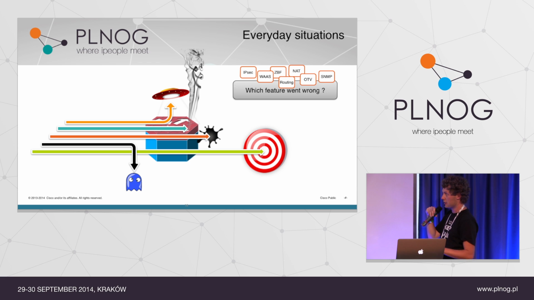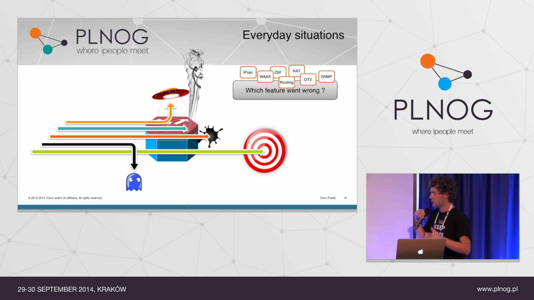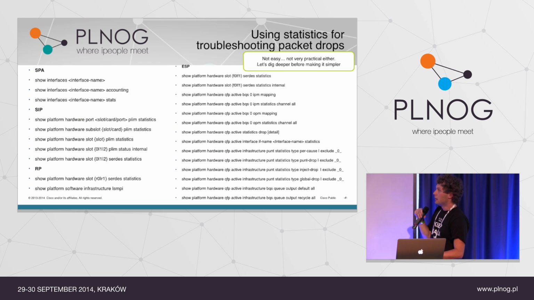So multiple things can happen in real life. There are multiple features which might break the packet or drop it or corrupt it, etc. And the aim is to find which feature. And this is usually quite hard. So one of the approaches is to use these commands. I don't want you to know them; it is just for your reference.